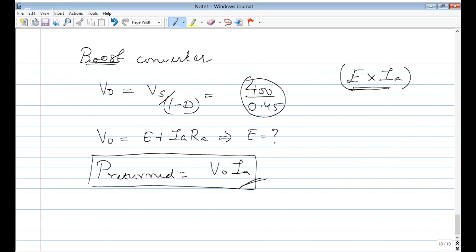Now coming back to the question that I was discussing, transformer stamping annealing.